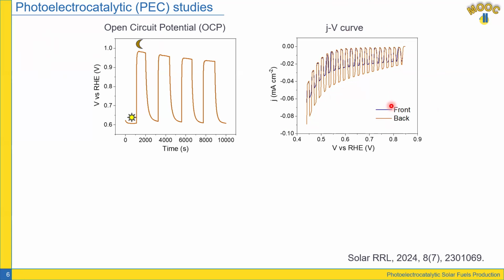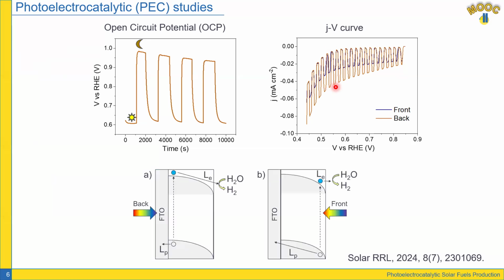For understanding that, we usually do this experiment under these two configurations, trying to understand a bit more regarding the mechanisms inside the photoelectrode, a photocathode in this case. So basically what happens when we do back illumination is that we photogenerate the electrons and holes in this region close to the FTO.